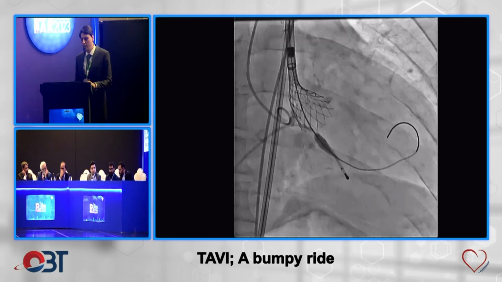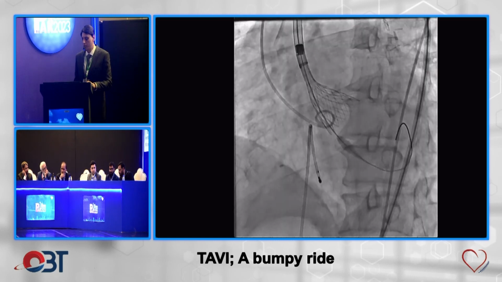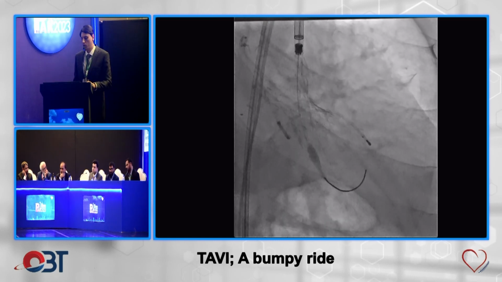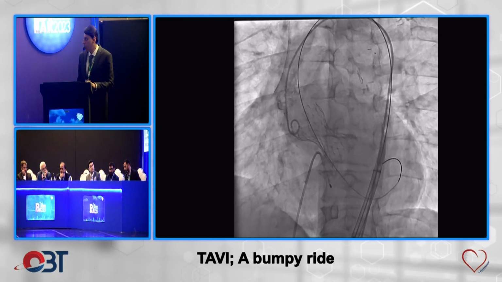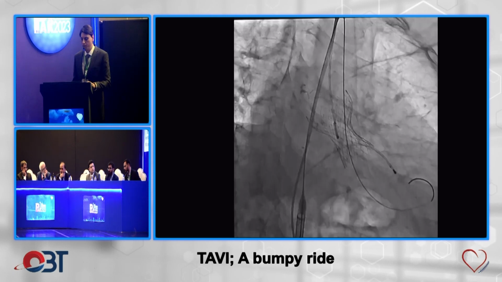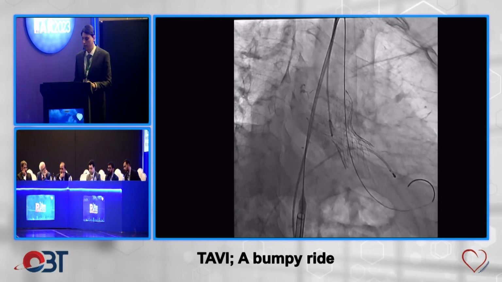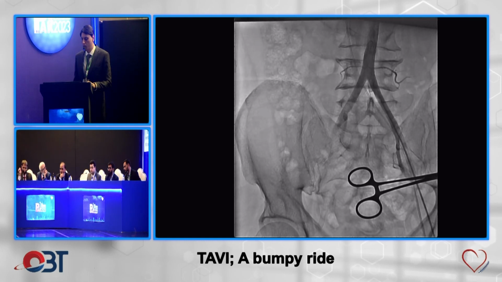So as you can see, the valve is almost circular, opened nicely. So we released our valve, and it is an excellently open valve, no constraint, no deformity, cone is okay, no PVL, trace AI, so excellent result. So the peripherals were okay.